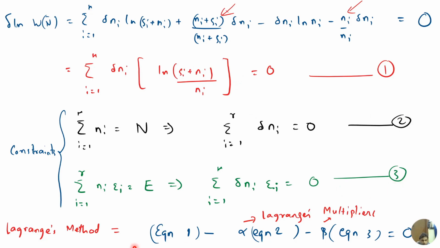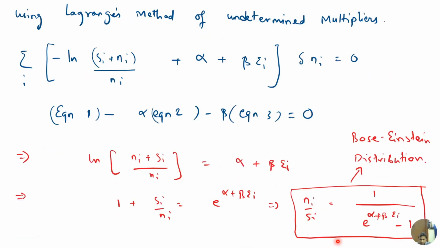So what we do is we take equation 1 minus equation 2 multiplied with a Lagrange multiplier alpha, and equation 3 with Lagrange multiplier beta. When we do that, we get this expression, and after simplification we get Ni over Si, which is 1 over e to the power alpha plus beta Ei, minus 1.